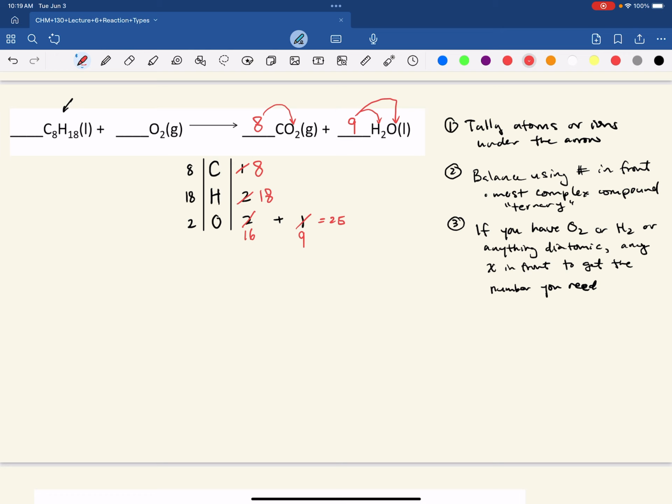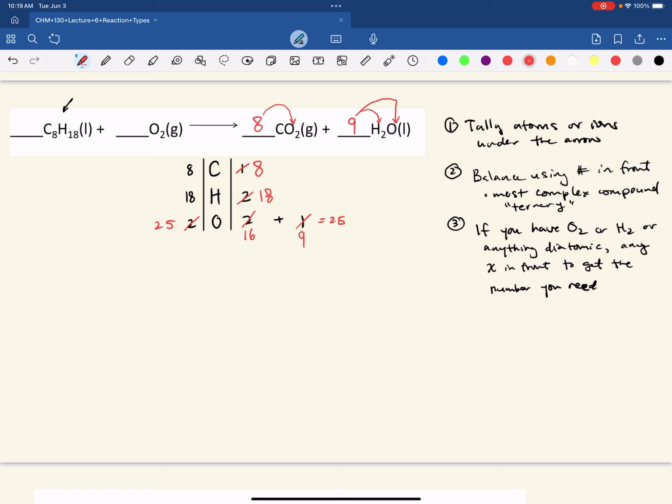So my carbon count and my hydrogen count look good, but my oxygen count is not quite right. So really, if I have a 25 here, this would fix the issue altogether, right? So you might say, okay, well, what number can I write in front of oxygen to make it 25?